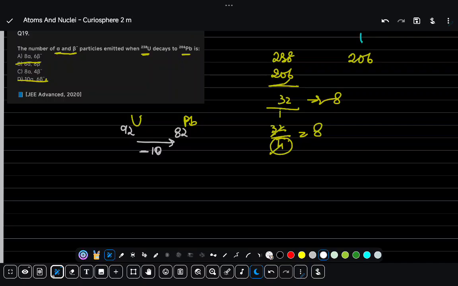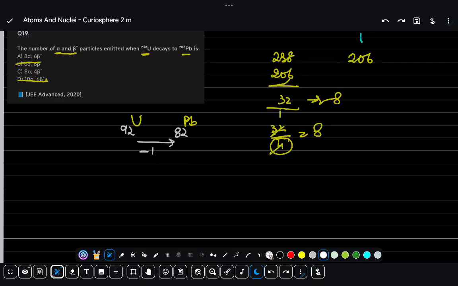Let me check, one minute. Right, here it is not emitted, guys. For beta minus it should be added. There's a mistake in this.